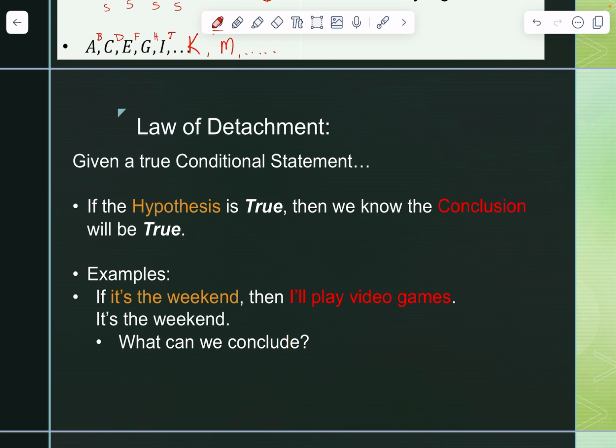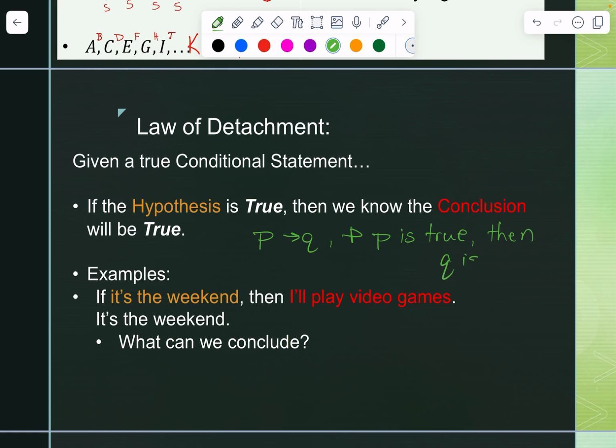The way I also like to say this is if we know P then Q and P is true, then Q is true. The law of detachment does not say anything about P then Q and Q is true. We don't know P is true. So we have to be told that the hypothesis is true, then we know the conclusion.